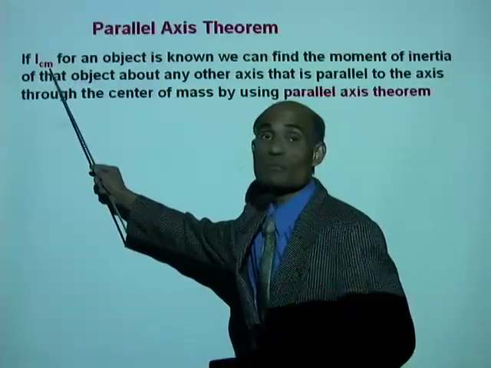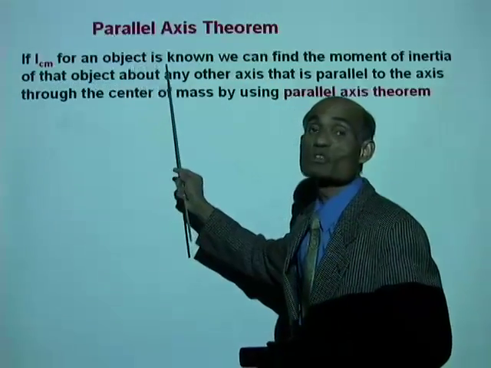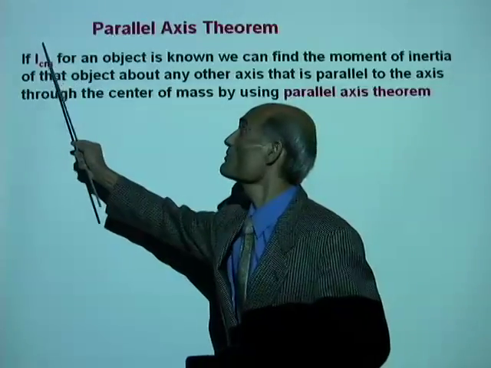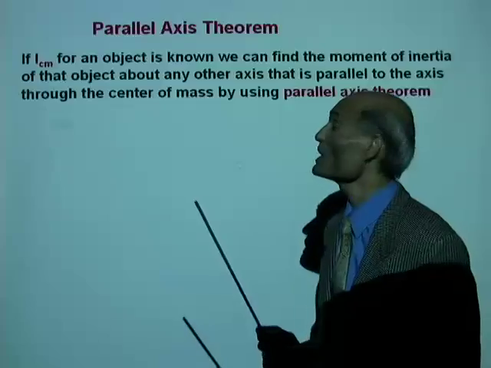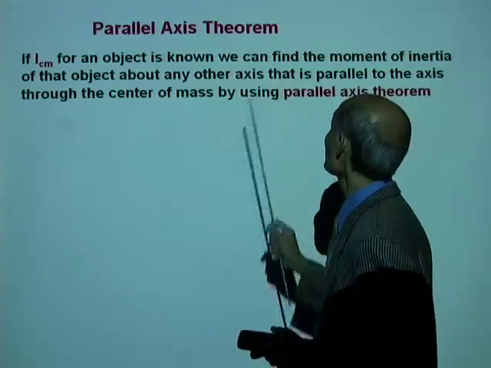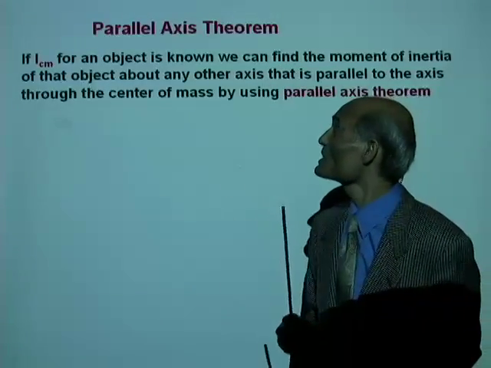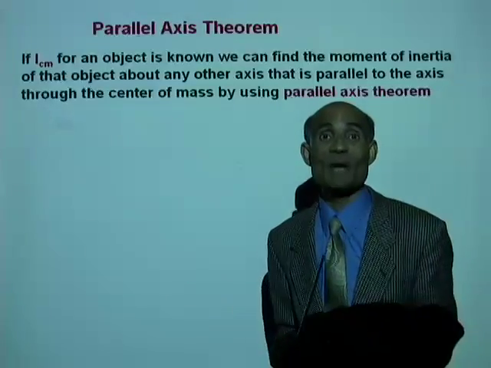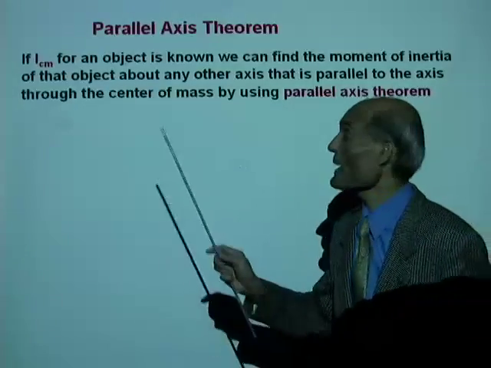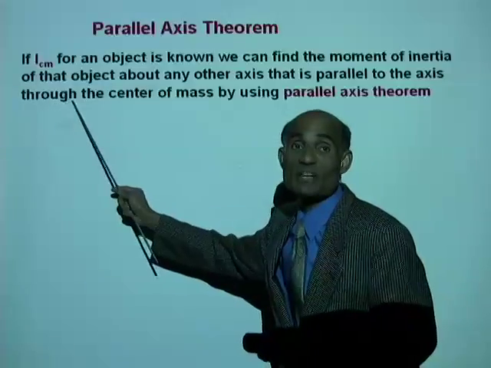If the moment of inertia of an object about its center of mass is known, then we can find the moment of inertia of that object about any other axis that is parallel to that axis.